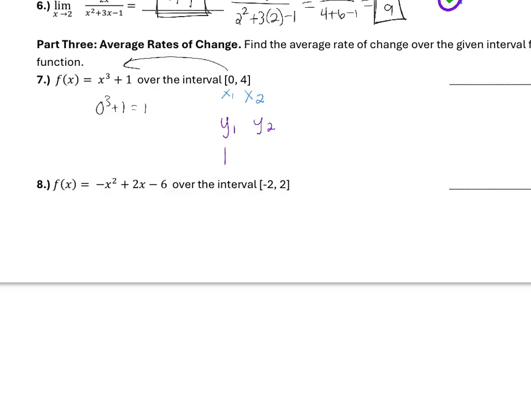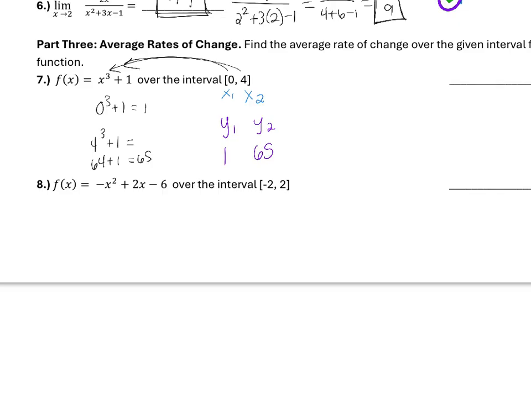And then we'll plug in 4 to get our y2. So 4 to the third plus 1. 4 to the third is 16 times 4, I think it's 64. 64 plus 1 is 65. So 65 is our y2.